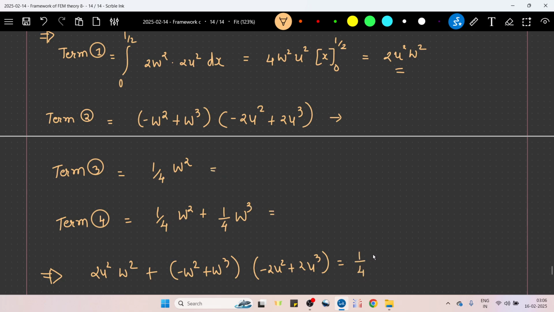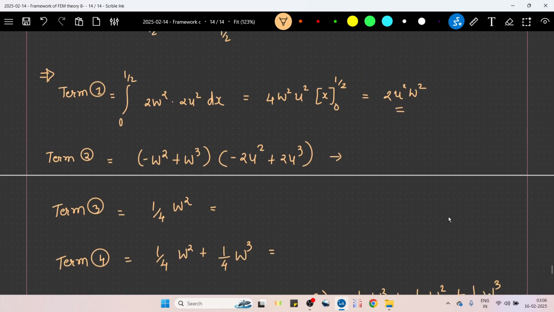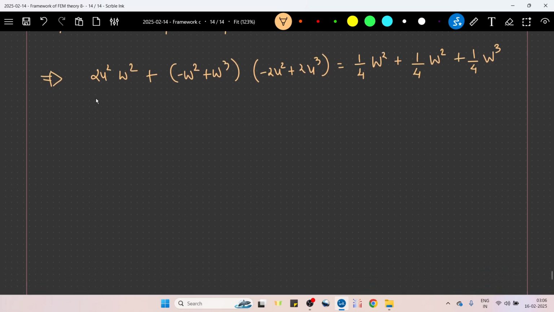So 1 by 4 w2 plus 1 by 4 w2 plus 1 by 4 w3. So this is my equation. I will now solve this. So I will just rearrange these terms so that I get the equation in form of coefficients of w2 and w3.